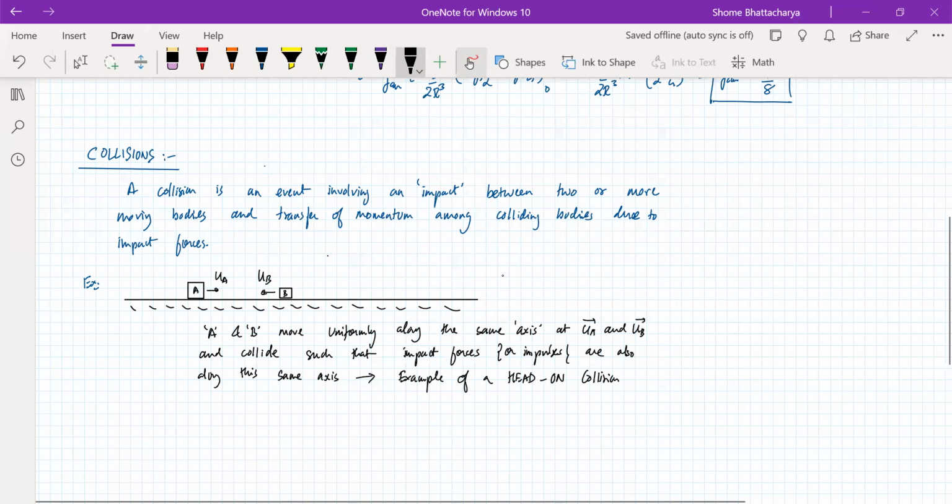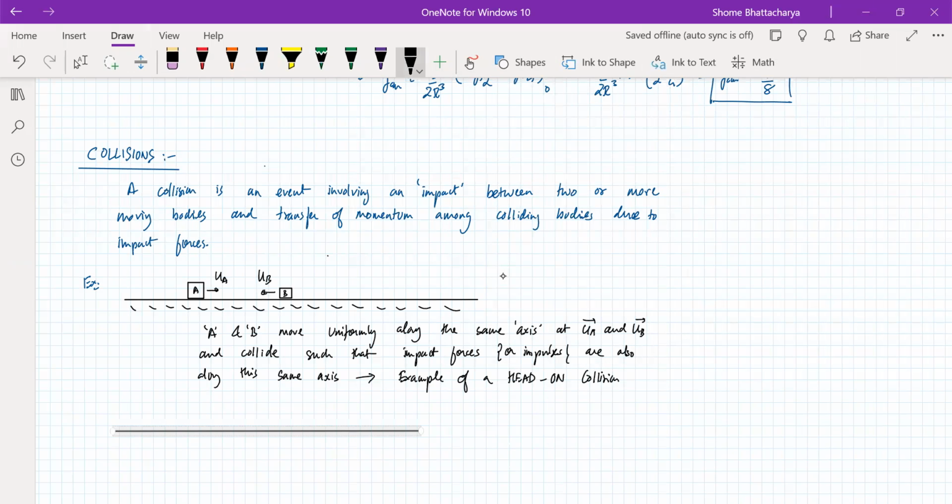So what will happen here is that as they come in contact somewhere in between, they will be applying force or impulse, that is force acting over a certain amount of time creates an impulse. So this is, let's say, the impulse that A will apply on B, and this is an equal and opposite impulse that B will apply on A. Okay.